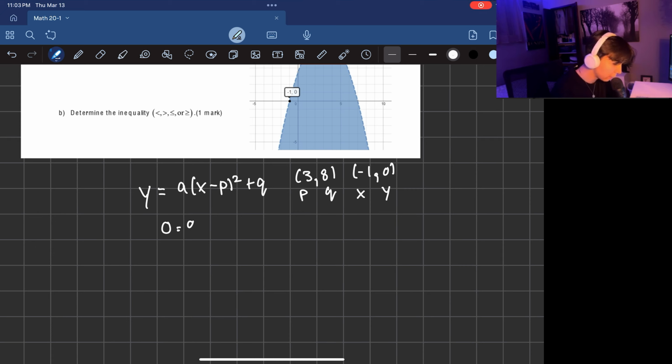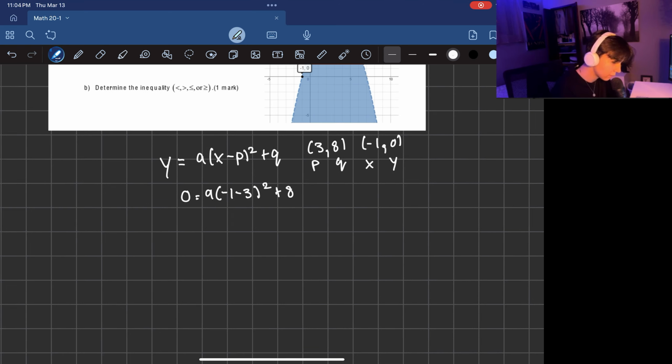We have a, which we don't know yet. Then we have x, which is going to be -1, minus p, which is 3, squared, plus q, which is going to be 8. So now we have a times, in brackets, -1 minus 3, squared, which should be 16.